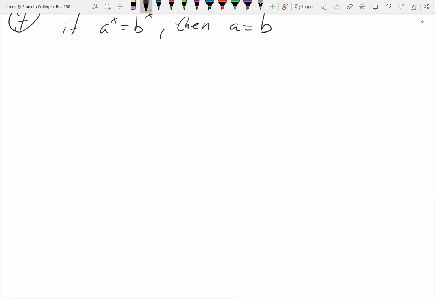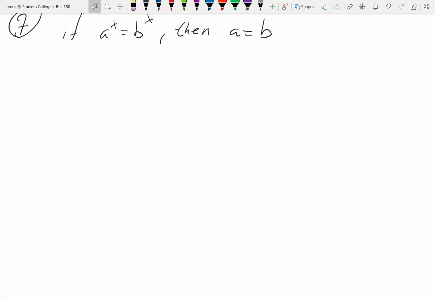Alright, so let's deal with one of the more common ones that we're going to be using. We're going to be dealing with continuously compounding interest.